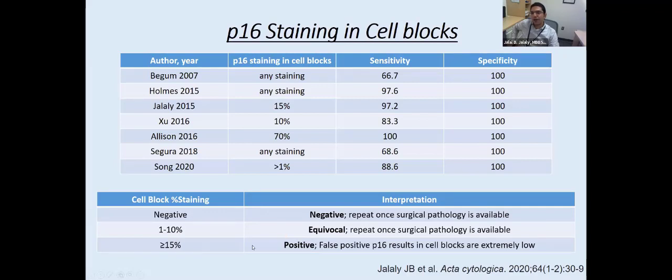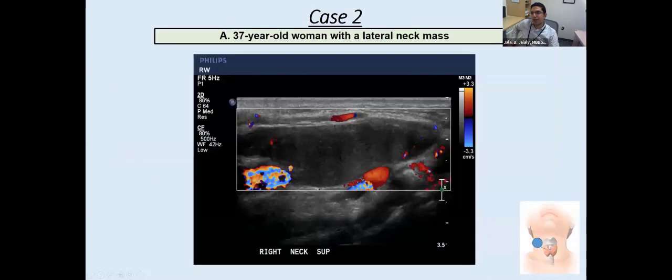So moving on to a second case that has a similar history to the first one. This is a 37-year-old woman also presenting with a lateral cystic neck mass. This neck mass, as you can see here, is hypoechoic, and it has acoustic enhancement, so truly cystic.